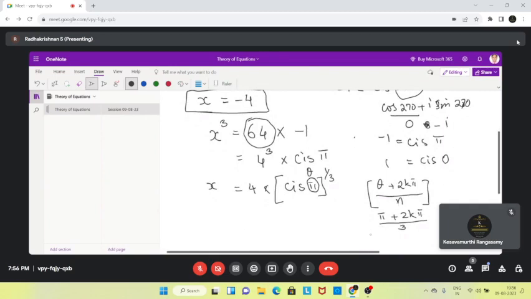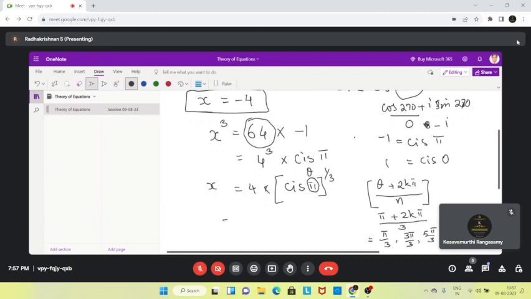Okay. You put 0, you will get pi by 3. Put 1, you get 3 pi by 3, which is just pi. If you put 2, it will become 5 pi by 3. So these are the 3 values.